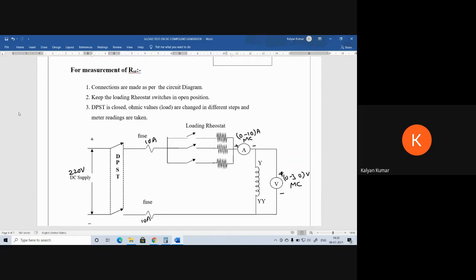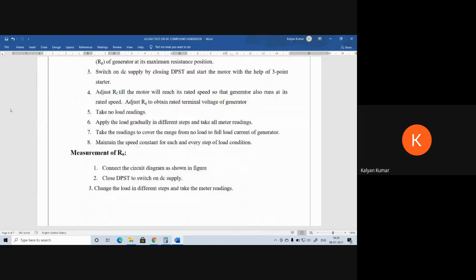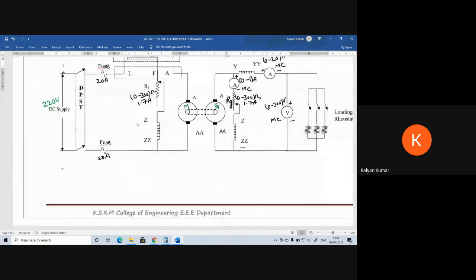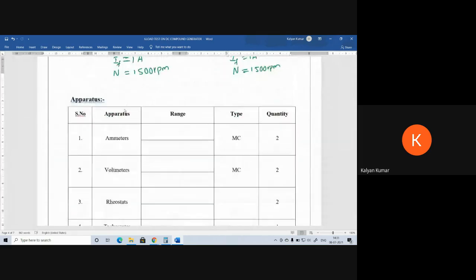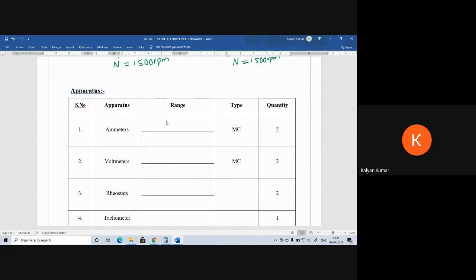Okay, now these meters should be represented in this table.